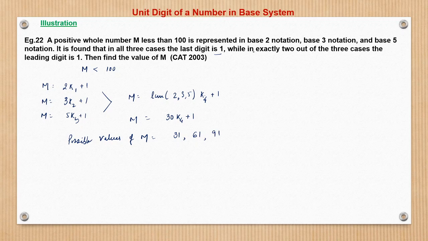Now the second part of the question reads, while in exactly two out of the three cases the leading digit is 1. So these three values satisfy that unit digit is 1 when converted to base 2, 3 and 5. But now we have to check for the first digit also. How to check here? So 31, 61, 91, these are the numbers, and here we will write the bases, so base is 2, 3 and 5.